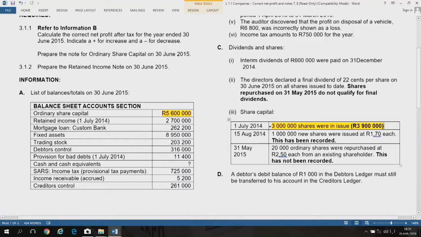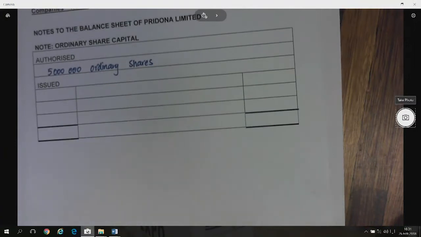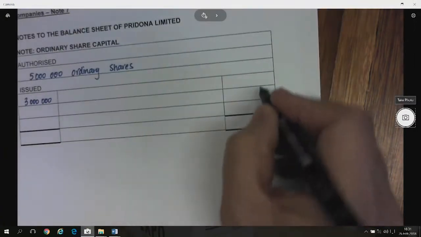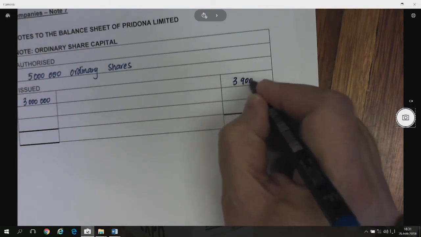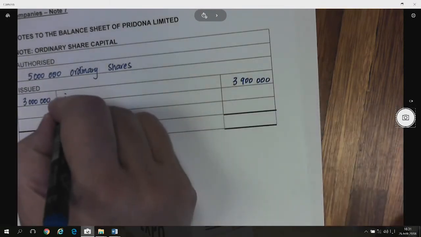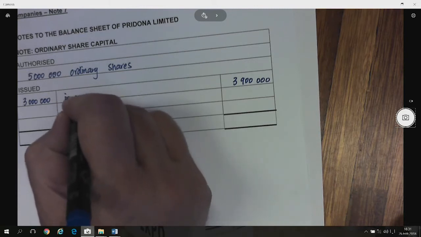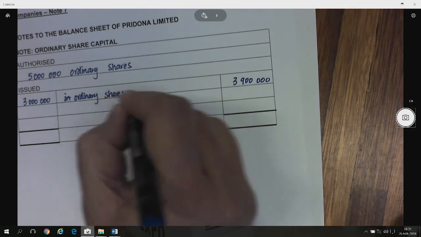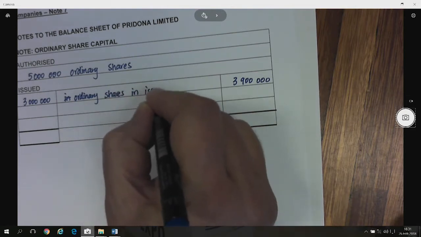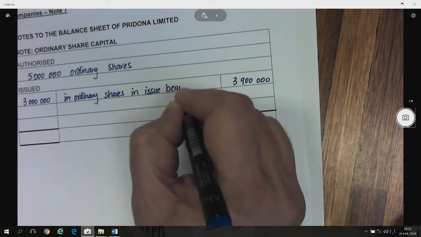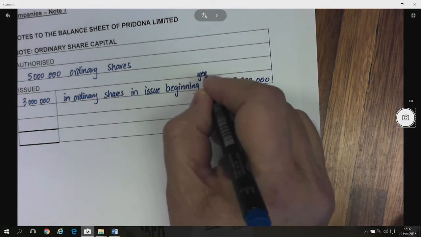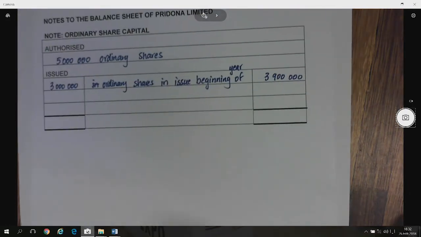I'm going to start with the 3 million shares and the 3,900,000 rand, and we say in issue, ordinary shares, in issue, beginning of the year. And we don't show any amount there.